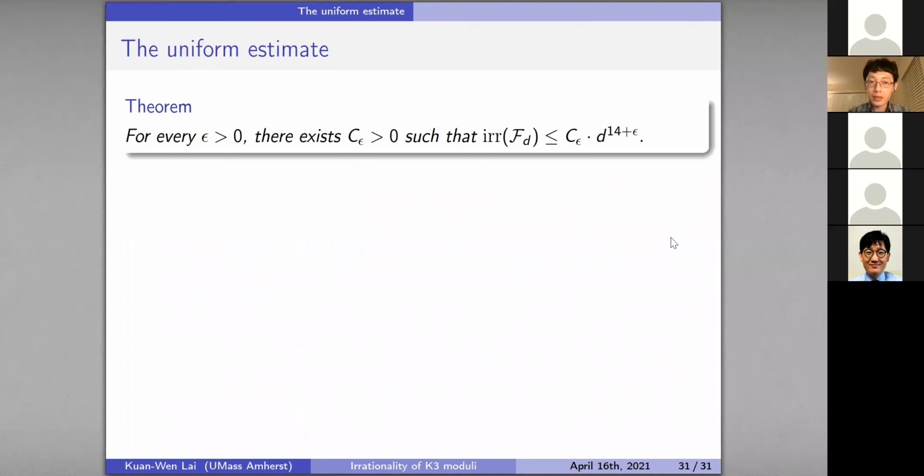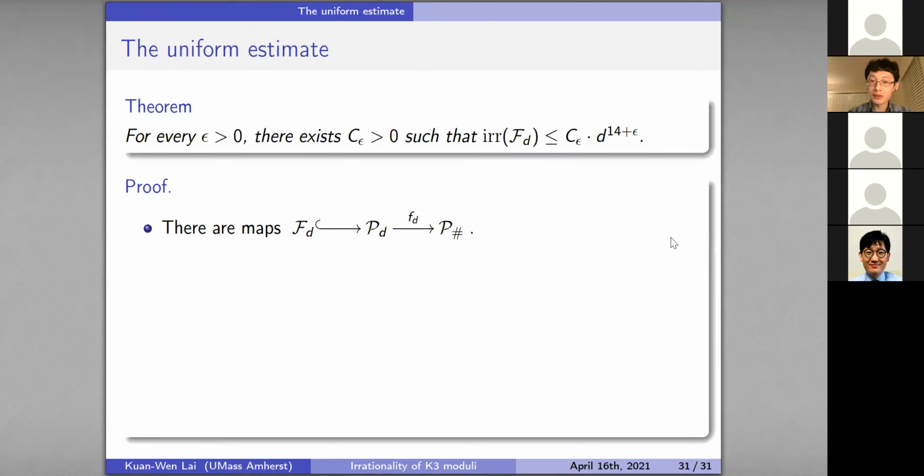Okay, so now we are ready to get a uniform estimate. For every epsilon, we can find a constant C such that the irrationality of F_D is bounded by C times D to the 14 plus epsilon. This basically follows from the information given in the previous slides.